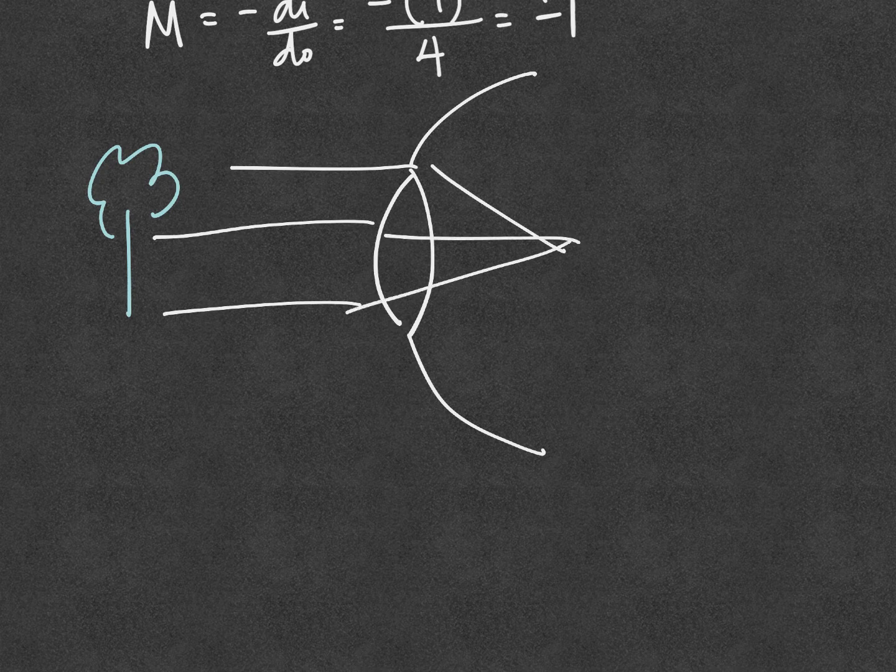They converge on your retina, this screen in the back of your eye. And then your eye sees this tree upside down as a real image projected on the screen behind your eye. So this retina behaves like a screen, just like when you go to the movies. If you watch a film projected on a screen, the film is actually fed in upside down so that you see it right side up.